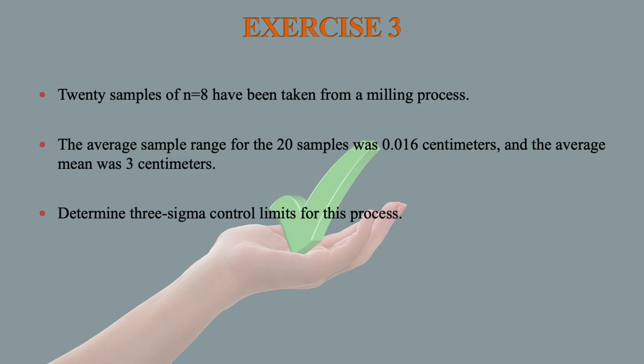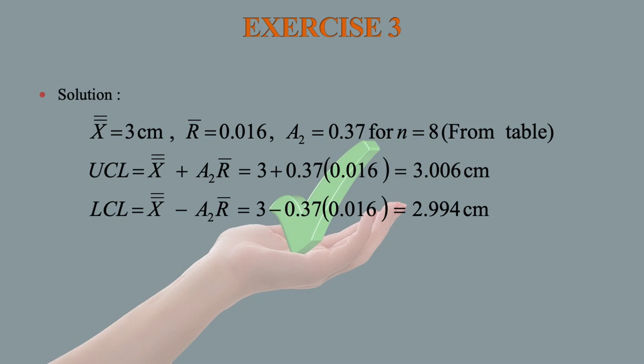Determine the 3 sigma control limits for this process. Now in this case, x double bar is given as 3 centimeters, R bar is given as 0.016, and for n equal to 8, the value of A2 is 0.37.